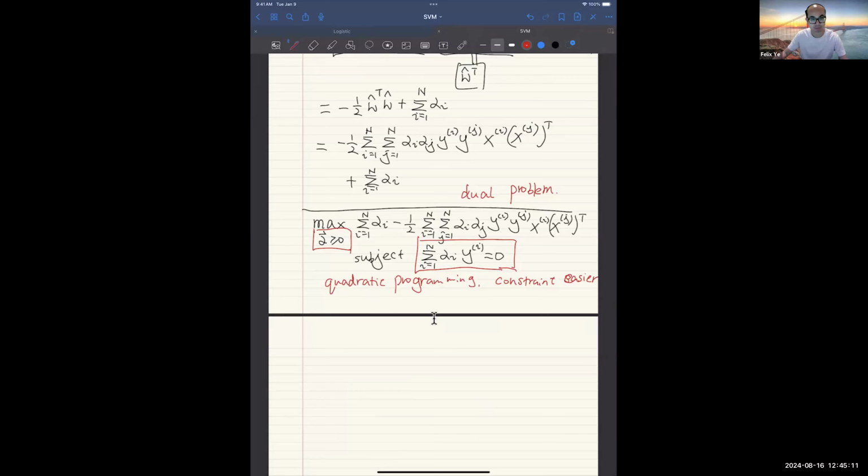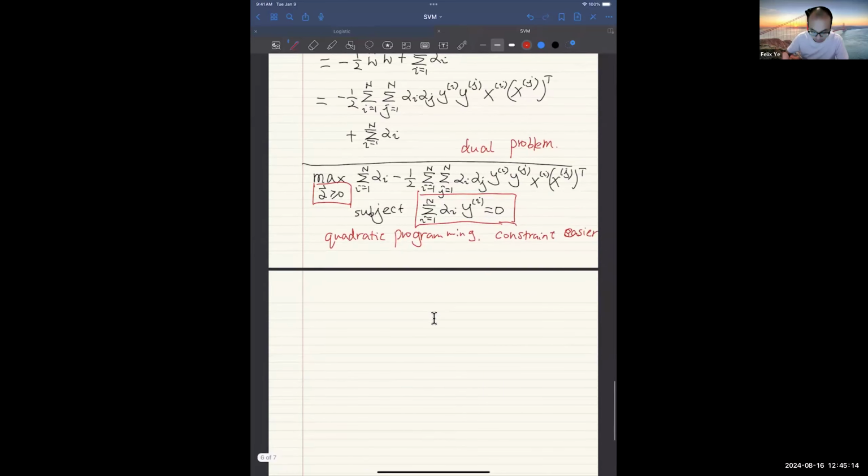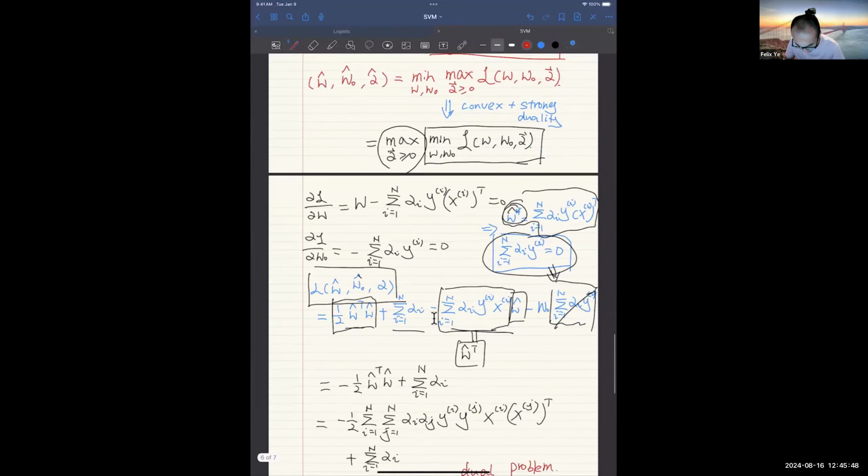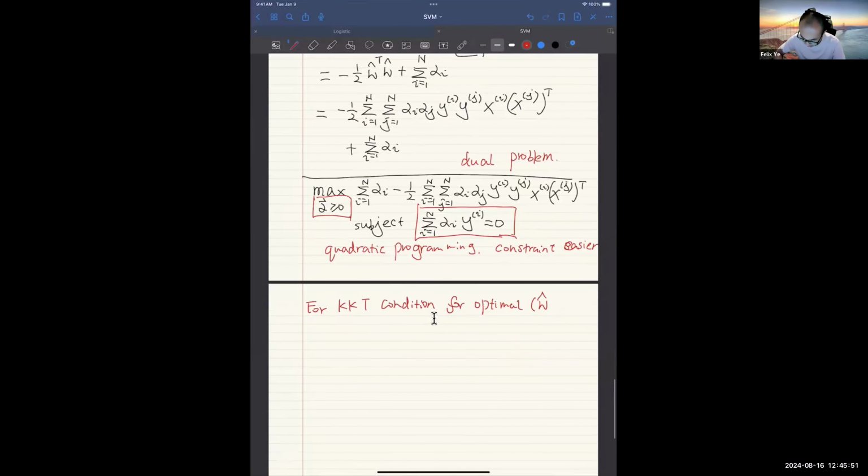All right, so with the KKT condition, that means if we can solve this dual problem, then we have the optimal W hat and the W0 hat and the alpha hat, right?